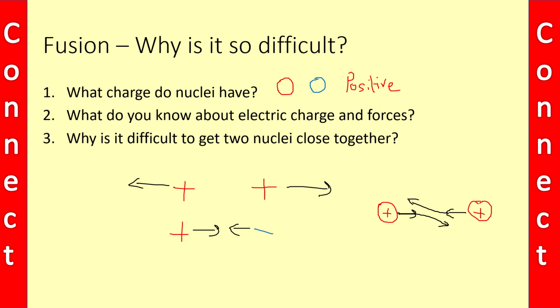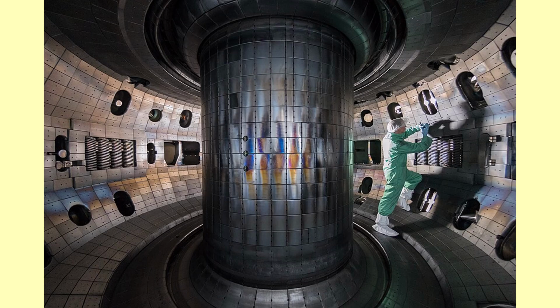So basically fusion doesn't just happen under typical conditions that we get on Earth. This is an example of a fusion reactor. This is a tokamak reactor. So we do have working fusion reactors. As you can see, though, this is very small.